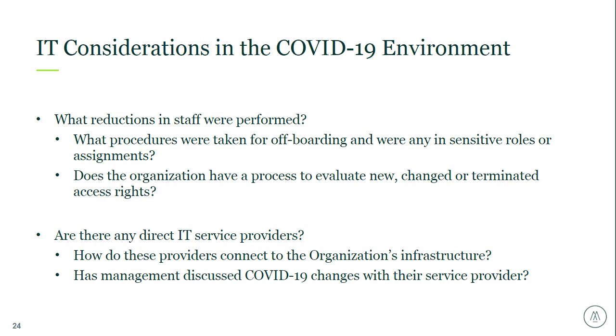Next, what about any direct IT service providers? If the organization is using direct IT service providers, how do these providers connect to the organization's infrastructure? And has management discussed COVID-19 changes with the service provider, if any, or the need for such changes?